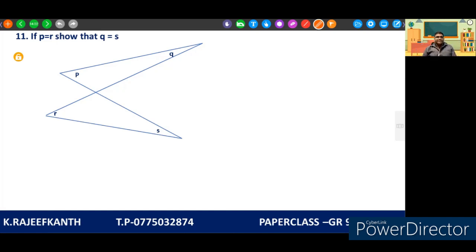Here in this triangle they have marked the P and Q. Here these two are interior angles.